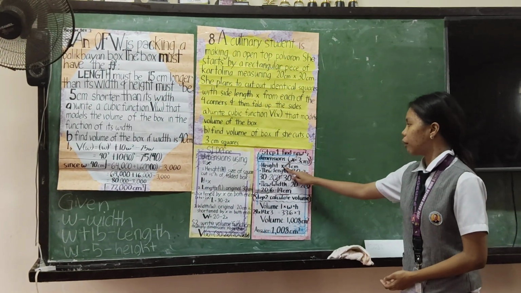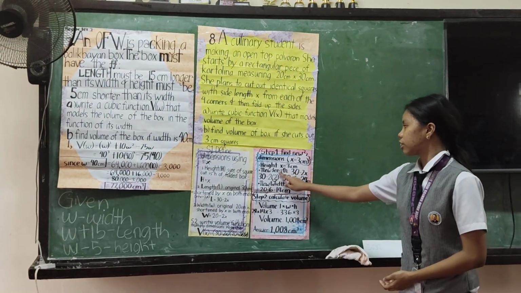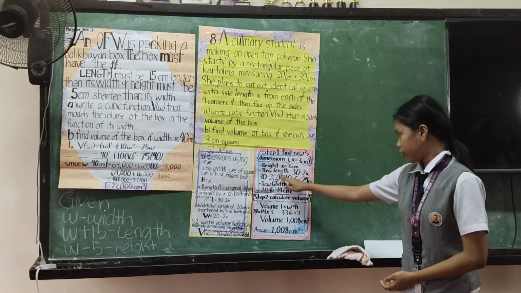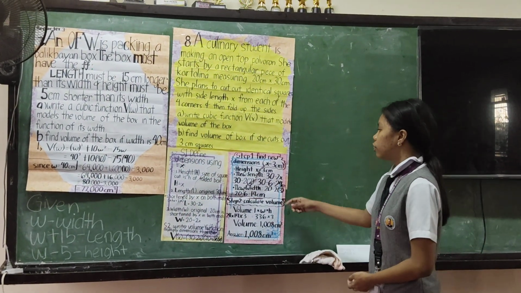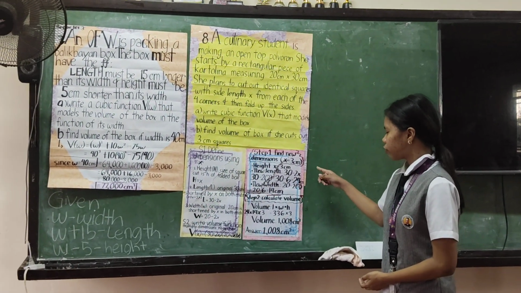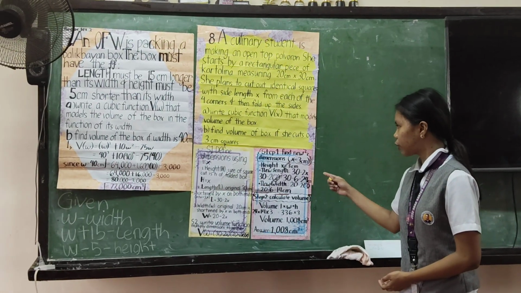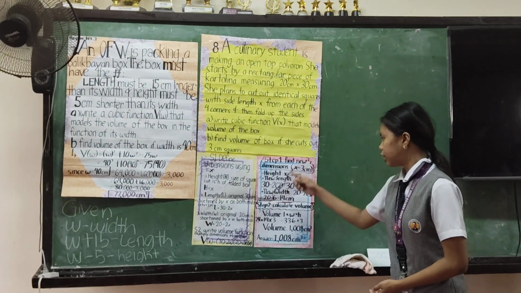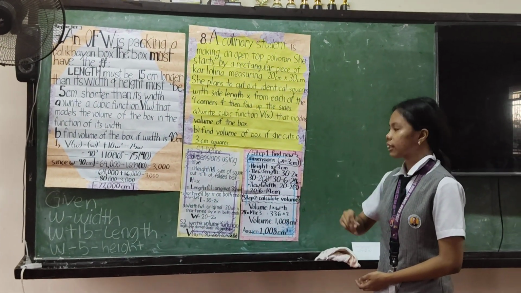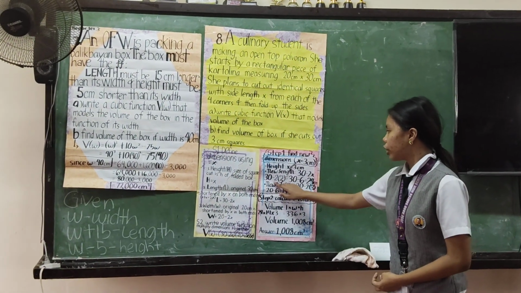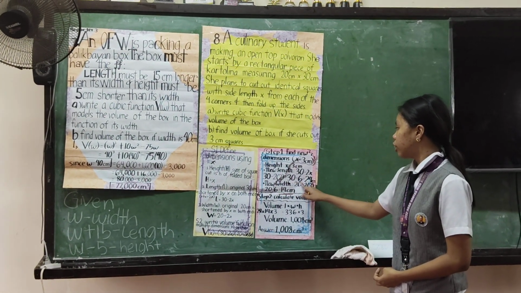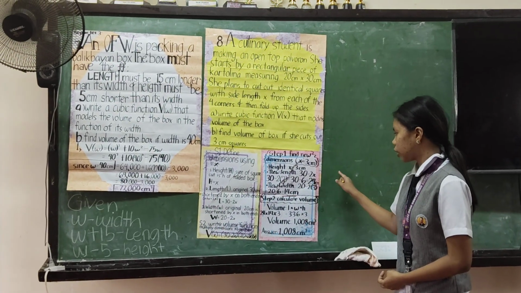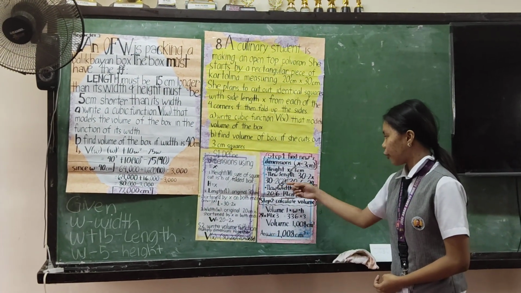So our height will now be 3 centimeters. So our length would be 30 minus 2x times 20 minus 2x times x. We just have to substitute the value of x as 3 centimeters. So 30 minus 2 times 3 equals 30 minus 6, which equals 24 centimeters. That's our new length.